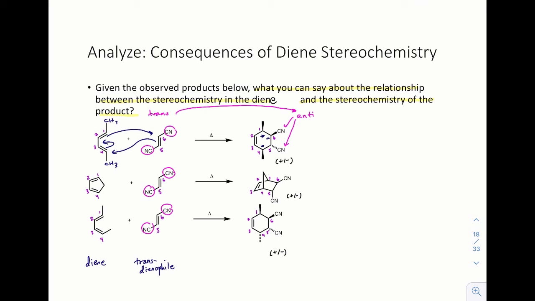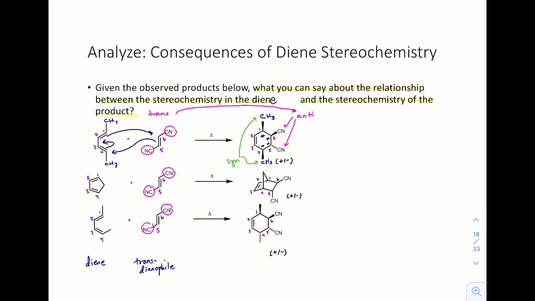This product has 4 stereocenters and is formed as a racemic mixture of the single diastereoisomer. The methyl groups on carbons 1 and 4 end up syn to one another in the product.